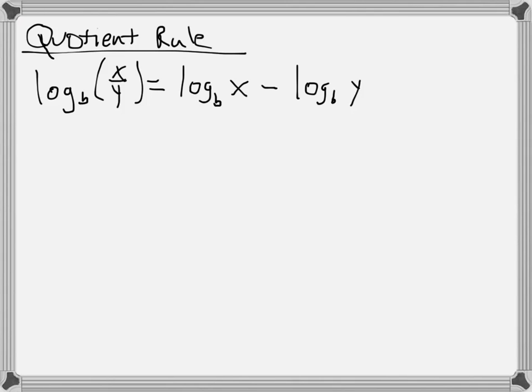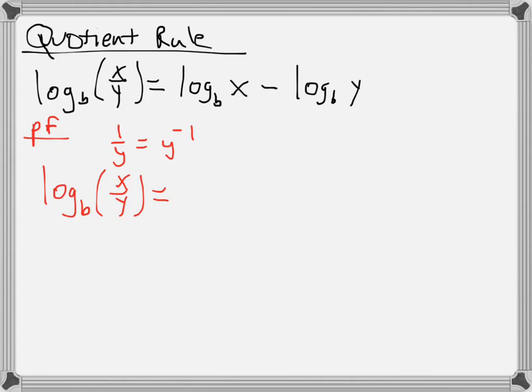And actually, I'll give you a quick proof of that. My proof, I'm just going to use the fact that 1 over y is going to equal y to the negative 1, and then I'm going to use our product rule. So I'm saying that the log base b of x divided by y, I'm going to rewrite that as log base b of x times y to the negative 1 power, since if I divide by y, that's the same as multiplying by the inverse.